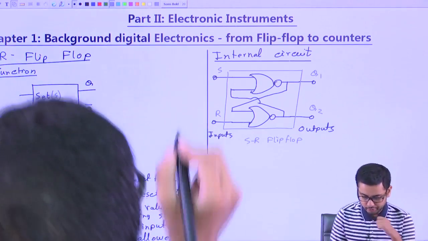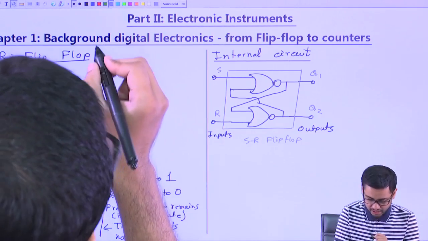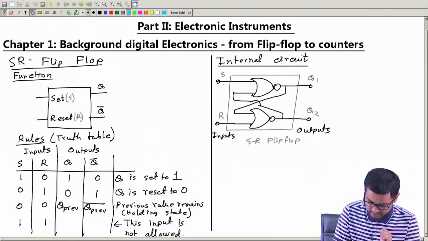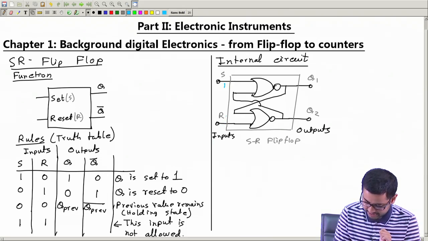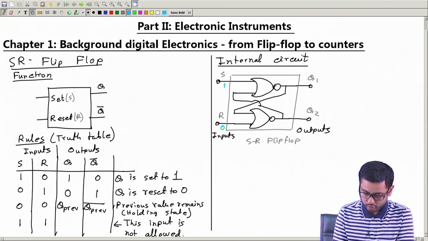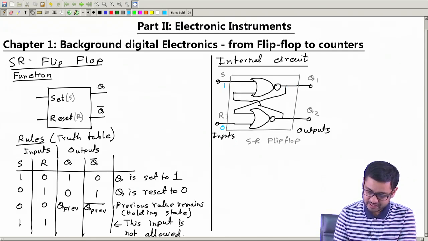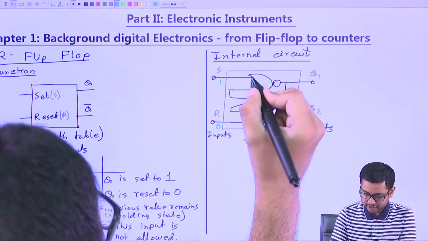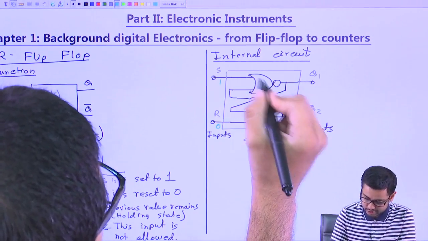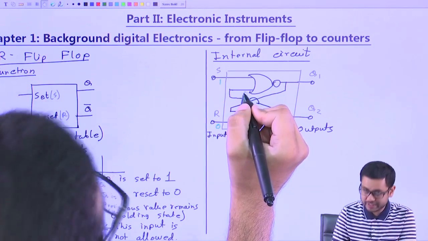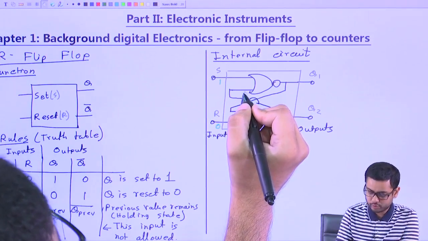So, if we give say input 1 and 0 here. Now, if this is 1, what will be the value here? This is 1, no matter what the value here is. So, this part is an OR gate. 1 ORed with anything is 1.